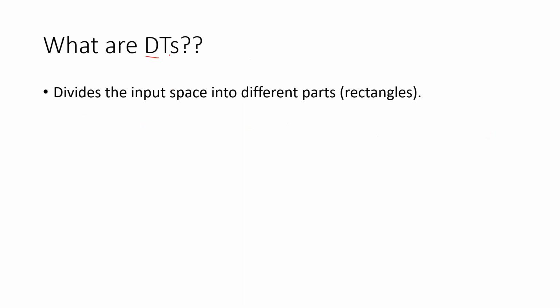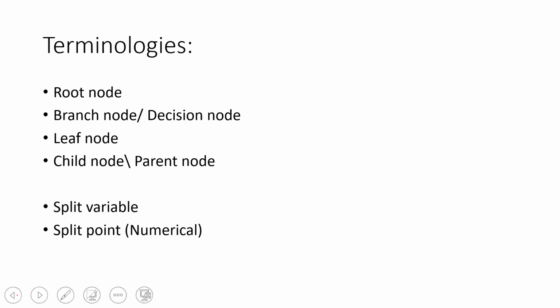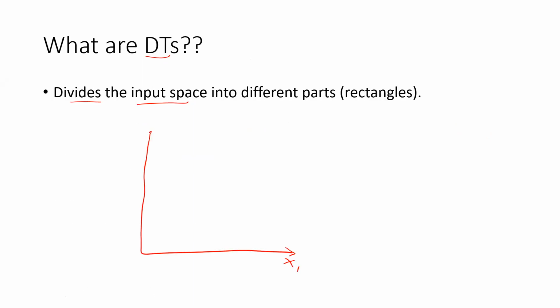So what are decision trees actually? In a decision tree we divide our inputs into different parts. Let's assume you have a classification problem with two features, x1 and x2. Since you have two features, your input space is going to be 2-dimensional, and let's say your data set is distributed something like this.